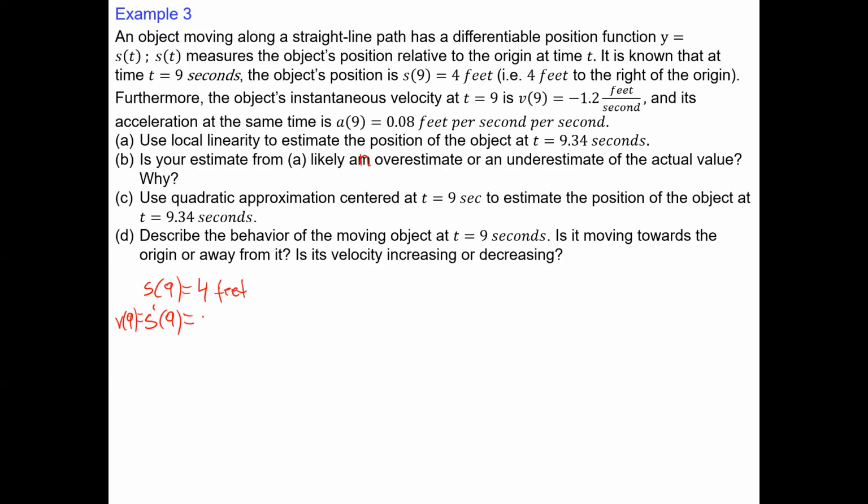It's at 9, it's negative 1.2 feet per second. And we also know acceleration. Acceleration is the second derivative. What is acceleration? 0.08 feet per second, and again per second. That's acceleration. Okay, so we have all of the data.